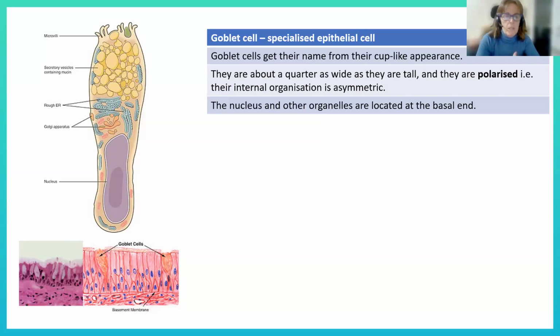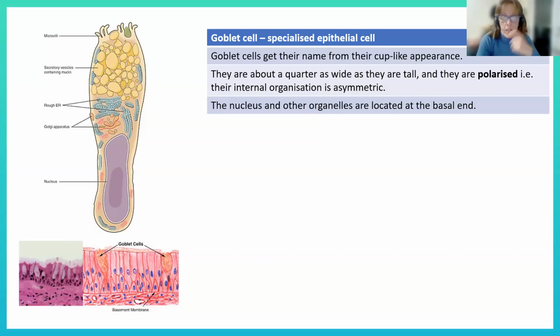Remember, the ribosomes are the site of protein synthesis. So it's going to make this protein in the ribosome. Then the ribosome is going to send the protein off to the Golgi apparatus.